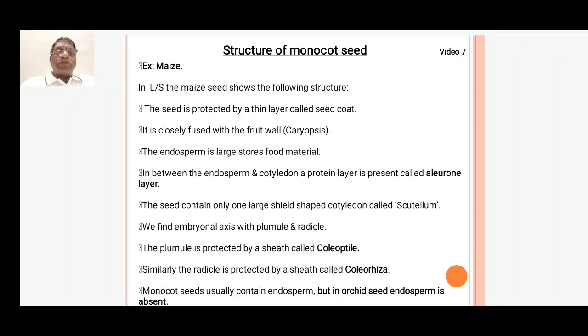Actually, it is present in the form of a cap-like structure which protects the growing tip, or apical meristem. Similarly, the radicle at the lower part is protected by a sheath called the coleorhiza.